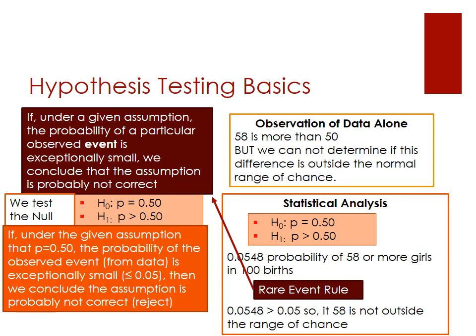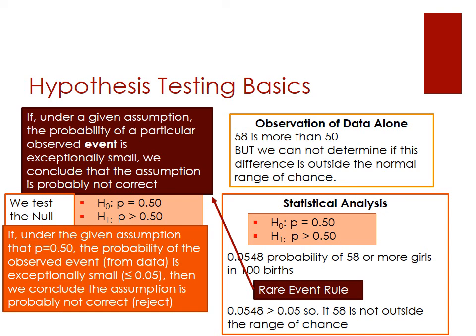So connecting all of these pieces together, we would say if under the given assumption that P equals 0.50, since that's the given assumption we're measuring, the probability of the observed event from our data is exceptionally small, being less than or equal to 0.05, then we would conclude that the assumption is probably not correct and we would reject it. All right, so here we can see that 0.0548 does not meet the criteria for being exceptionally small, therefore we do not reject the null hypothesis.